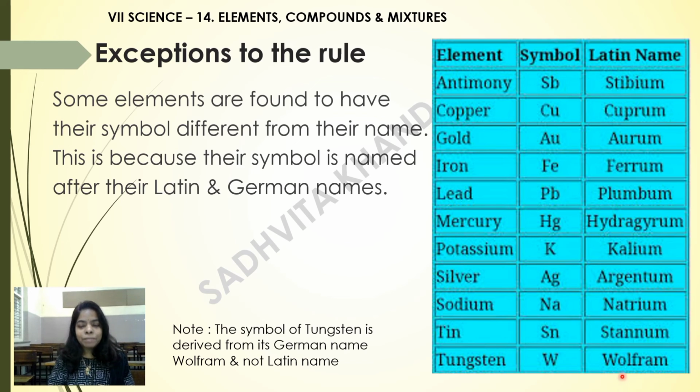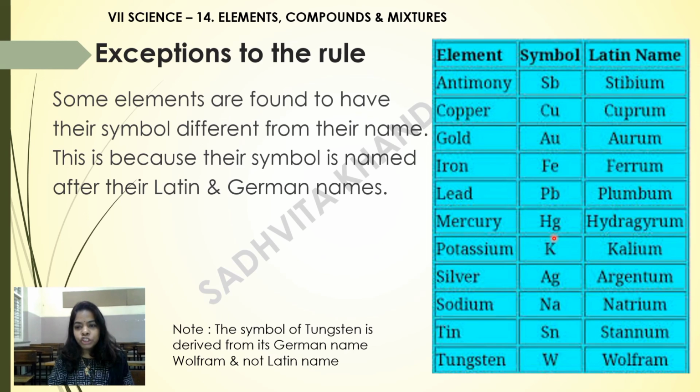Name is different, symbol is different. Antimony is Sb because of its Latin name stibium. Copper is Cu because of its Latin name cuprum. Gold is Au because of its Latin name aurum. Iron is Fe because of ferrum. Lead is Pb because of plumbum.